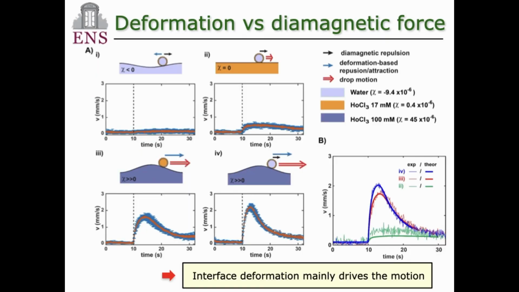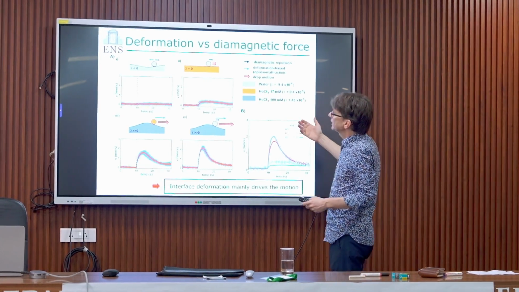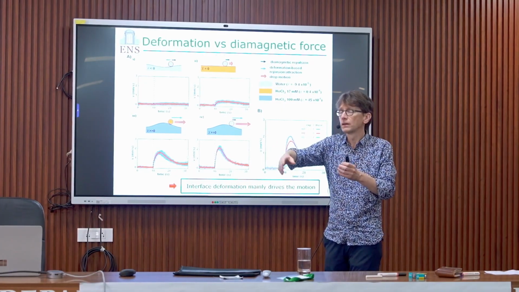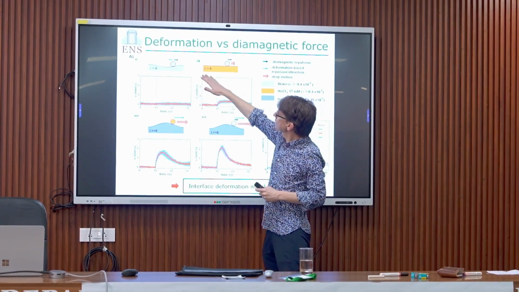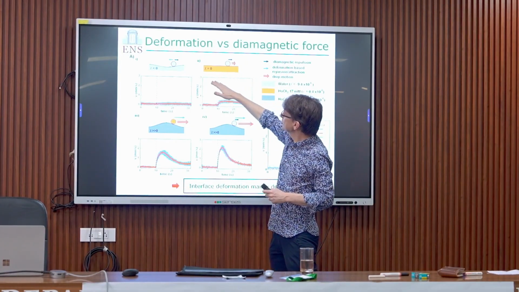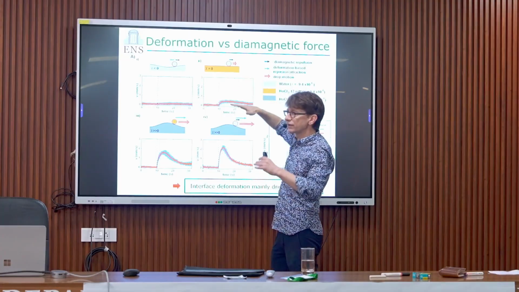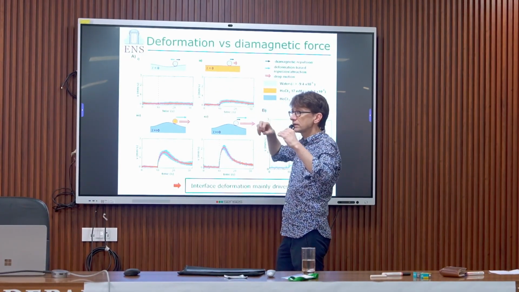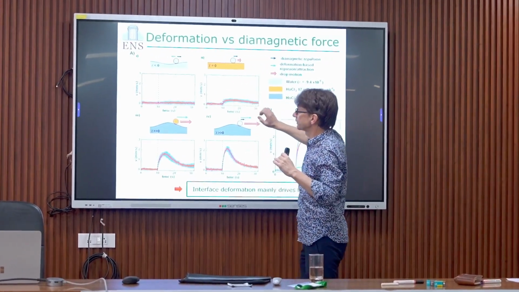What is quite interesting is that you can play a bit, because water is diamagnetic, okay? So if I approach a magnet to water, it will be repelled. But then I can adjust the permeability of my system. If I put the susceptibility at zero in the liquid, I have no deformation, and this marble will be pushed a little bit by the magnet, but with very small deformation.